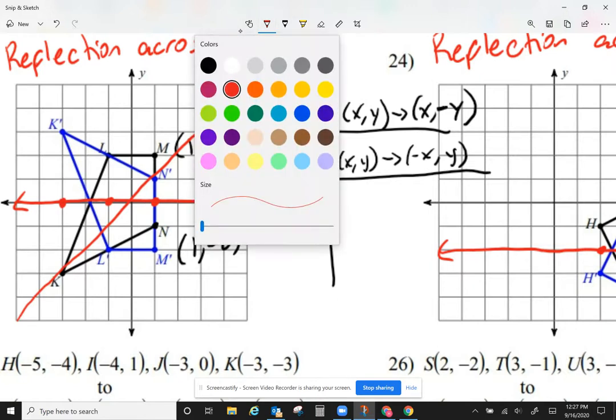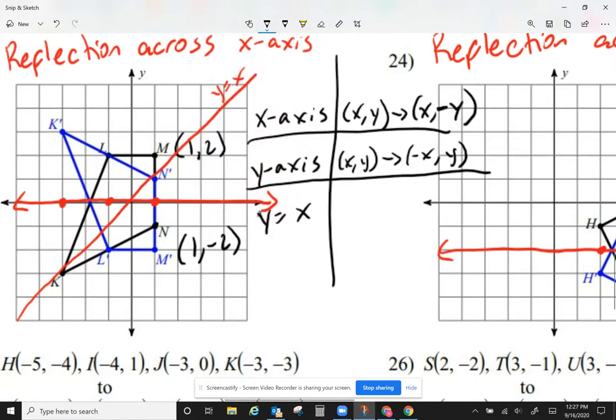Now, when I reflect across y equals x, my x, y values from the original point are going to become y, x. So the signs are not going to change. It's going to change the order of the numbers. So the numbers are going to flip.